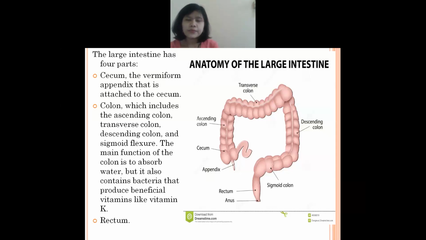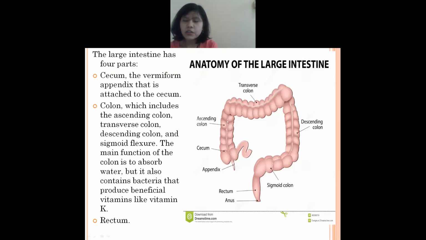It will be long and it will be thin. From the picture itself, you can see it is attached, isn't it? Near the cecum, the appendix is attached.